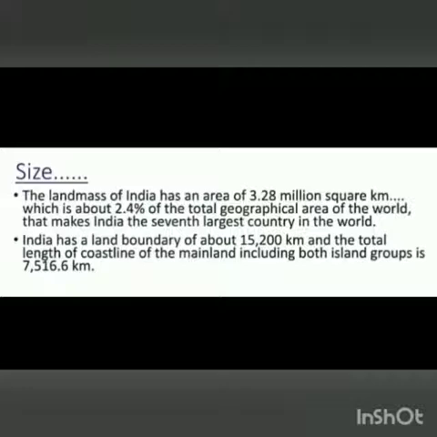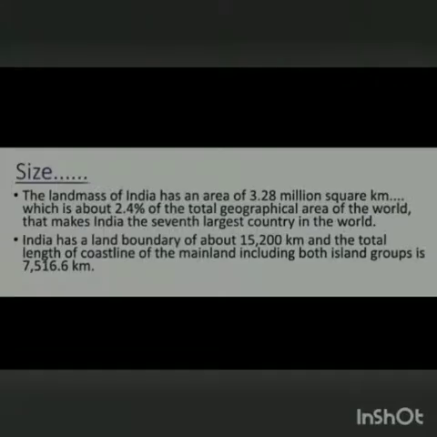That means India has a land boundary of about 15,200 kilometers and a coastline, including both the islands, of 7,516.6 kilometers. See the next picture to make it more clear in your minds.